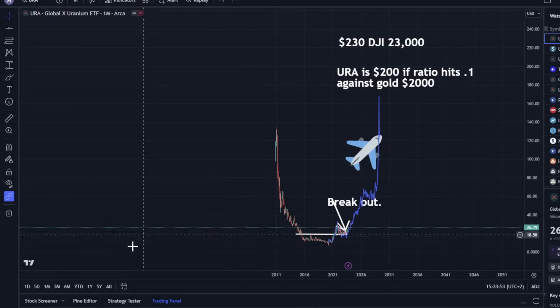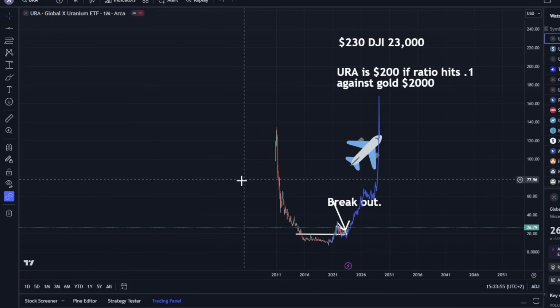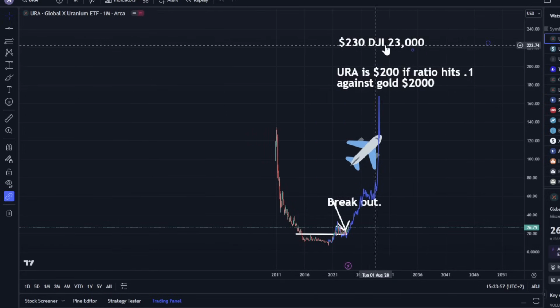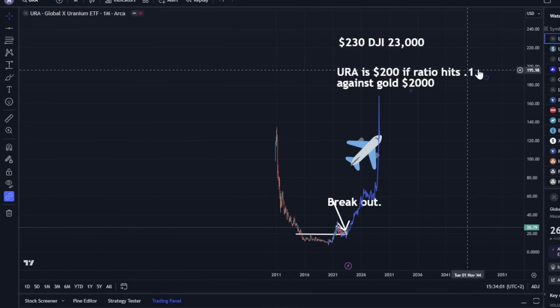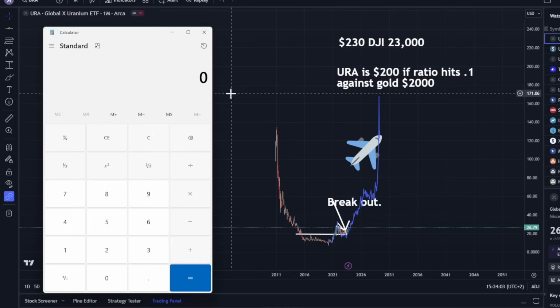So if it's 42,000 and it's 0.01 against that, because that's what the ratio was, it just happens to be the same against gold as well. It's 230 divided by 23,000, 0.01, times 42,000.